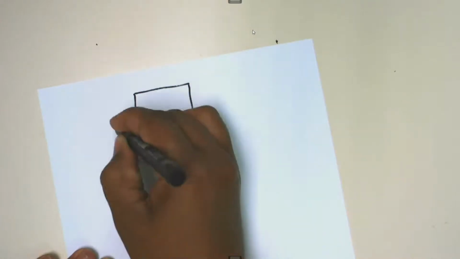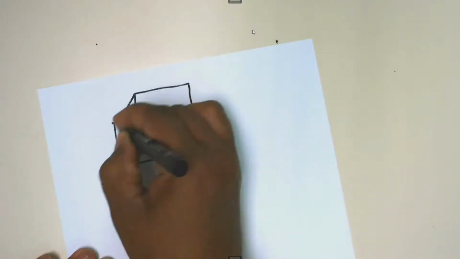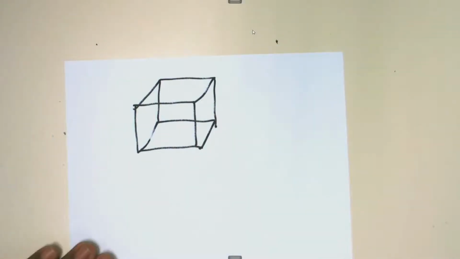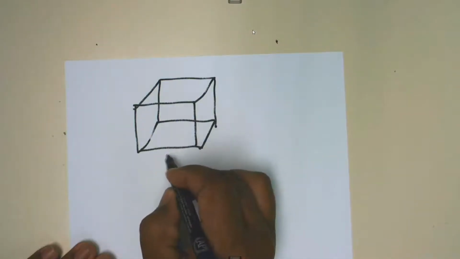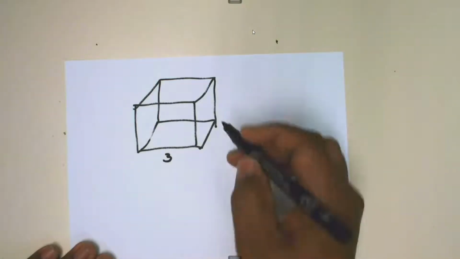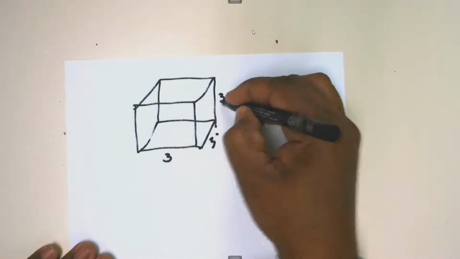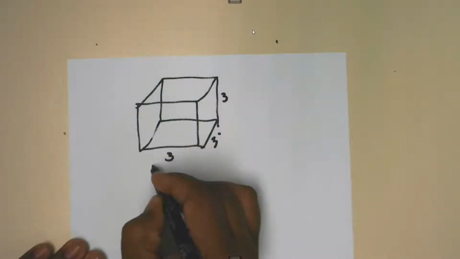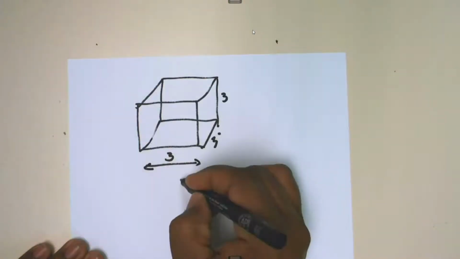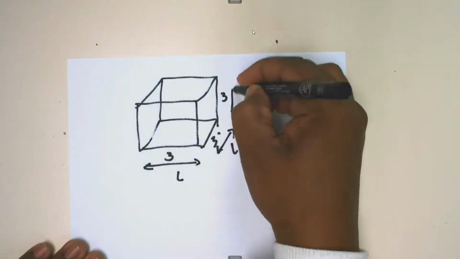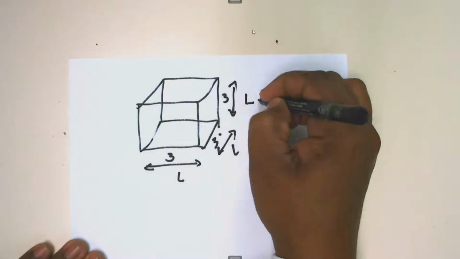If we have this, I'm trying to have a drawing here. Here it is, and therefore you have seen that it has 3 cubes this side, 3 cubes on this side, and 3 cubes. And therefore we said this will be the length, and that would also be the length, and that would also be the length.